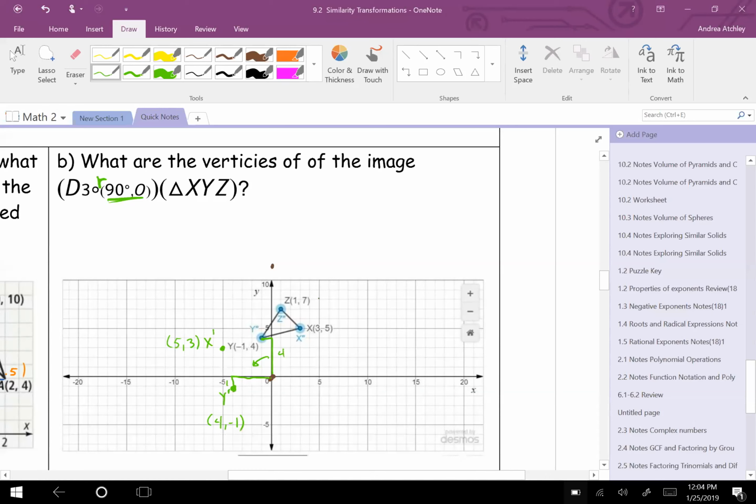And z is going to end up being at, sorry, this is at -4, right? Help me out here. -4, -5. And this is going to be at -7 and 1. And that's z prime. Does that make sense?